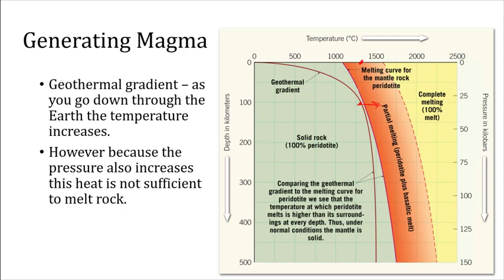What is oddly enough more common is to physically move the rock up, right? If I move the rock physically from 100 kilometers down to 50, 25 kilometers down, now it crosses that line and it melts.